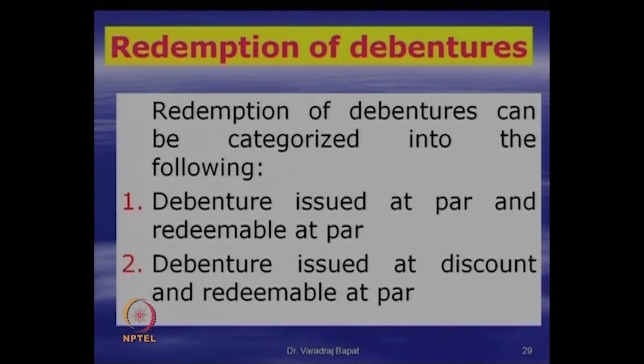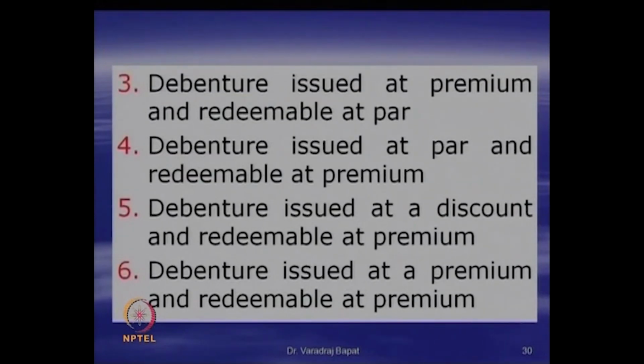So, issued at 97, but paid back at 100. Third, it is issued at premium, redeemed at par. So, let us say it is issued at 105, but it will be redeemed at 100. Fourth, it is issued at par, but redeemed at a premium. So, it is issued at 100 rupees, but it is redeemable at 106.